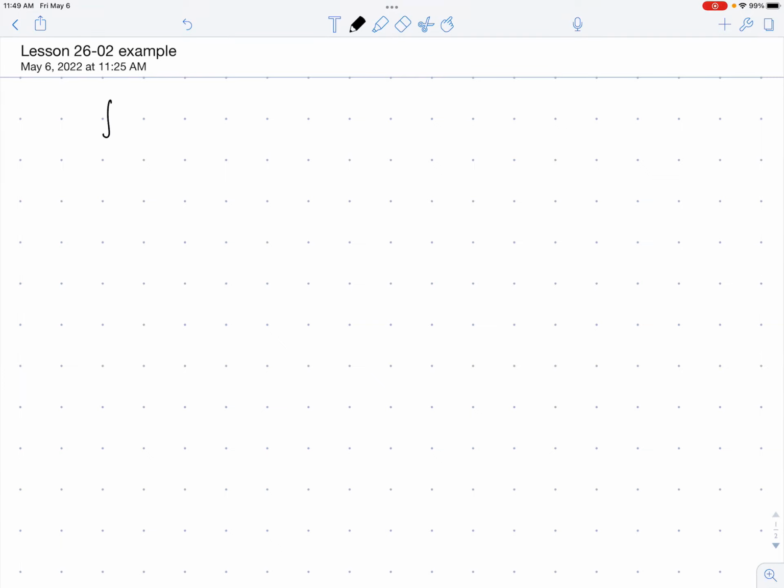Let's use what we have from last video as an example. Let's get rid of the 2. Suppose I want to know an antiderivative of this function, x times cosine of x squared.